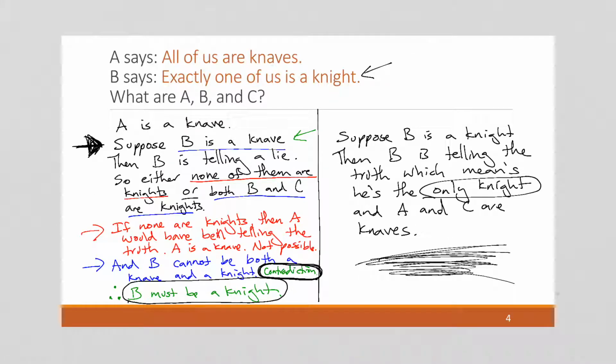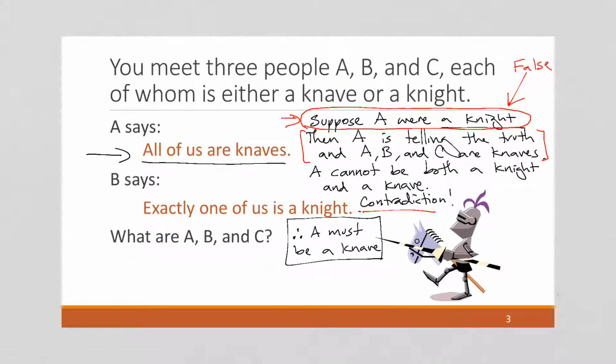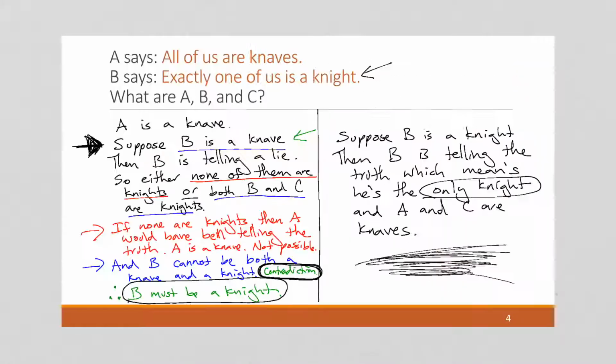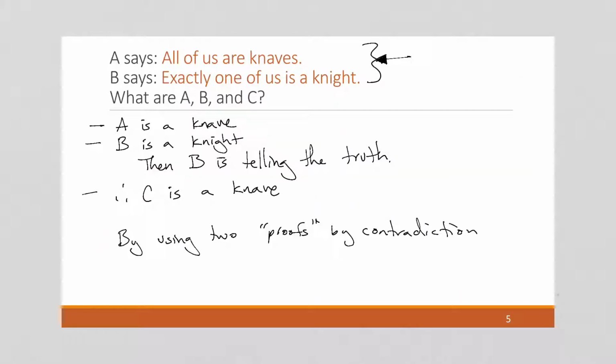In this example, we were solving a puzzle rather than proving the answer, but it amounts to the same thing. See, we used a proof by contradiction here as well. We supposed something and resulted in a contradiction, which let us know the opposite. So we've done this twice. We have two proofs by contradiction. We know the answer.